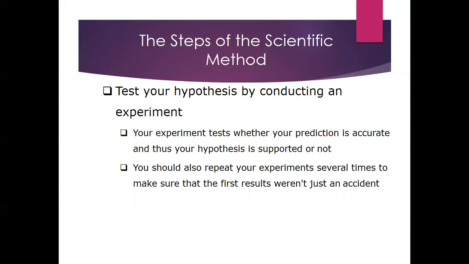As I said, your experiment design would involve things like determining what data you need to collect, the best way to collect it, what instruments you use, and making a determination as to how you will organize and manipulate your data in order to make that determination. Note the second point there, you should also repeat your experiment several times to make sure that the first results weren't just an accident. All right.